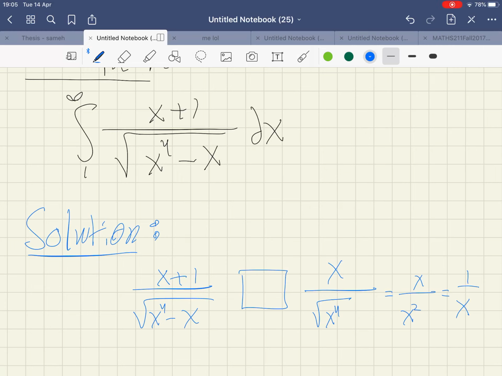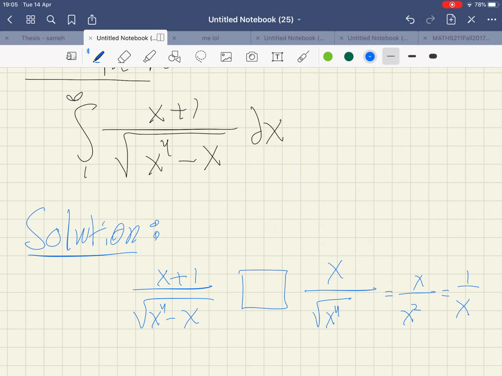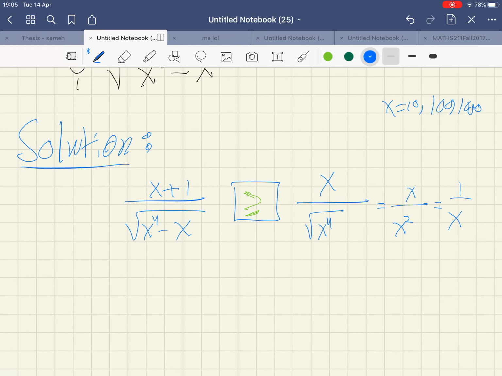Now you need to compare them. I don't have a calculator, and the way to compare them, please try x equal 10, 100, 1000, whatever, depending on your calculator. I think this would be greater than or equal. And the next step, just write the integral in front of each one.